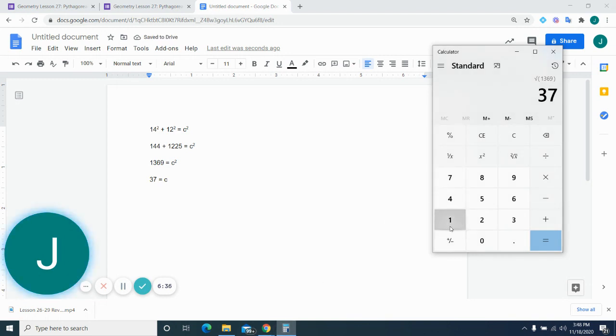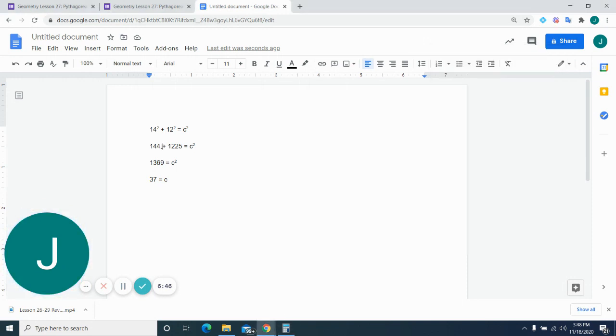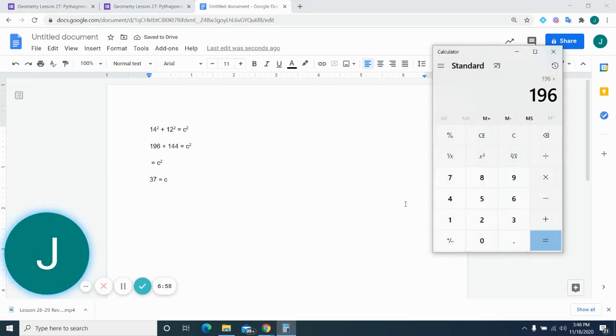Let's do 14 squared, and then we're going to do 12 squared. So we get 196 and 144. And then let's add 196 and 144. So 196 plus 144 equals 340.